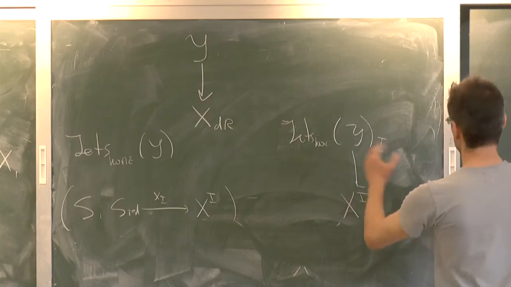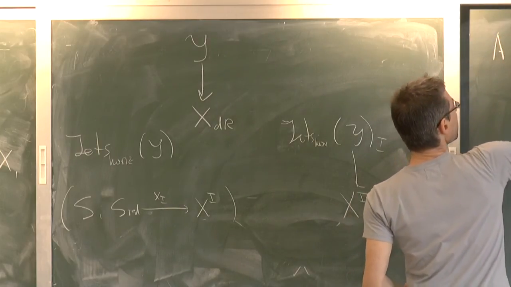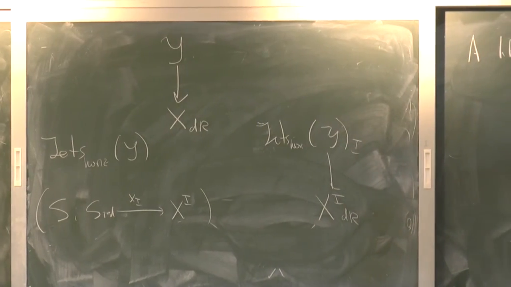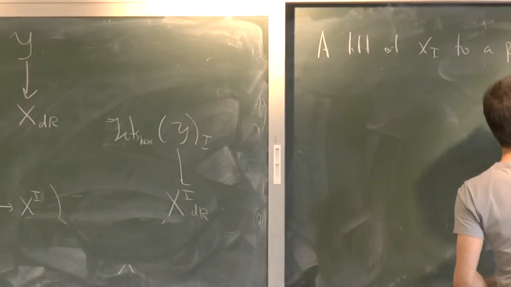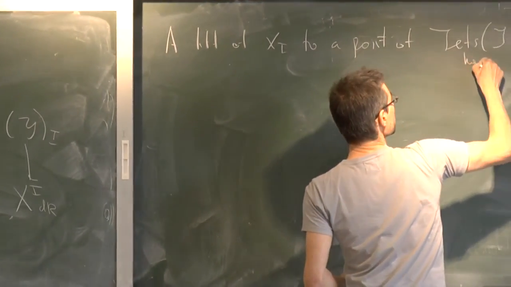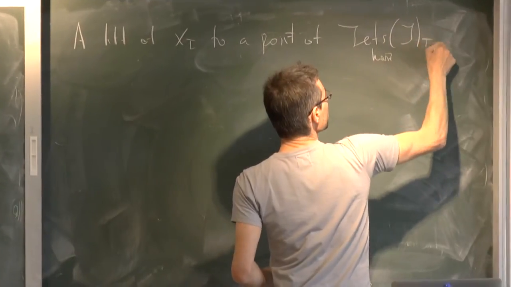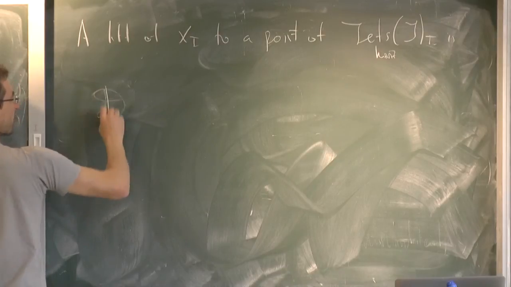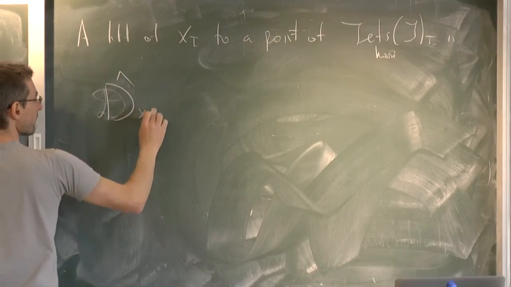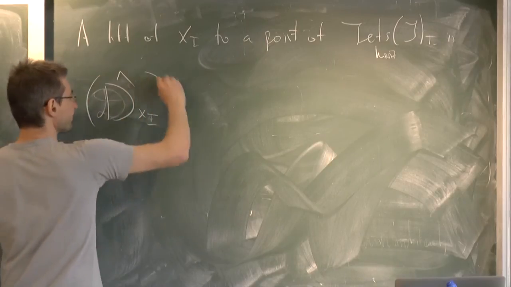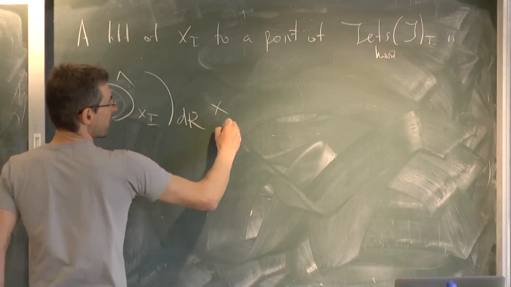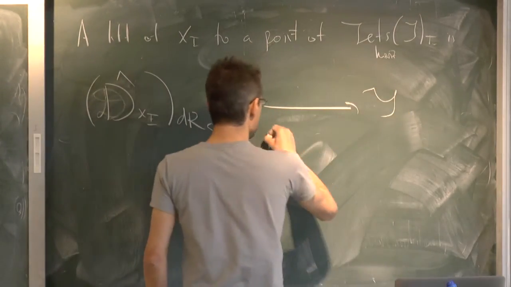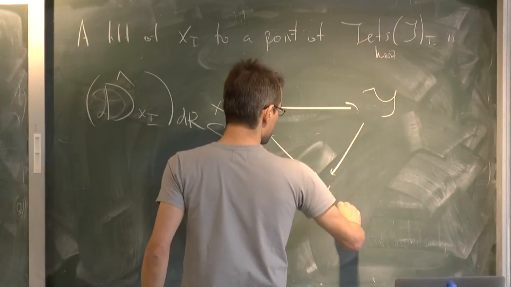A lift of X^I to a point of jets horizontal of Y is the following map. You take your nice disk, but you take its de Rham space and you map it to Y over X de Rham.